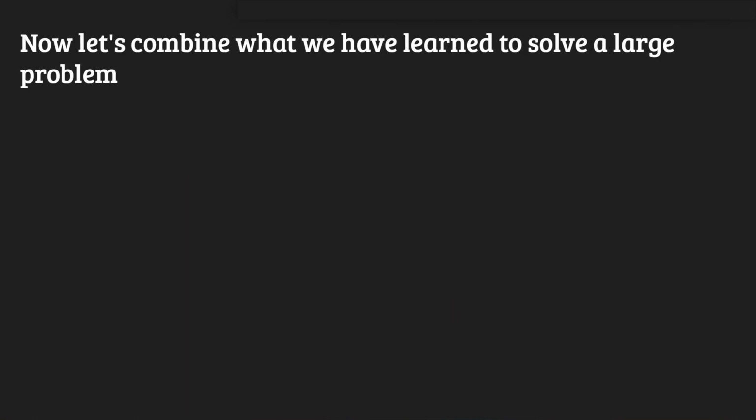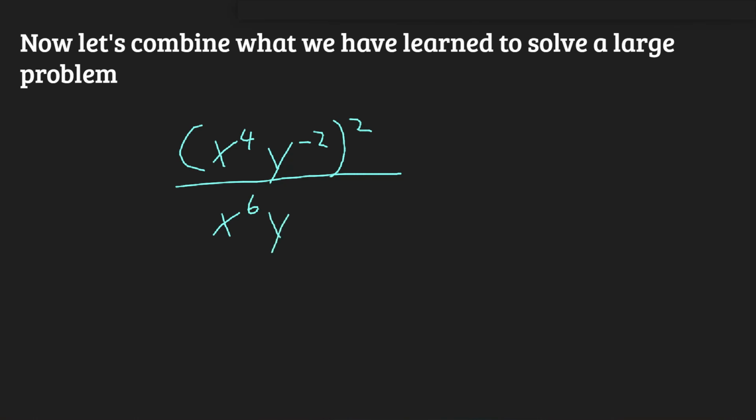The last thing that we're going to do here is we're going to combine what we have learned to solve a large problem. So the problem that we're going to solve is x to the 4 times y to the negative 2, and then all of that to the power of 2, divided by x to the power of 6 times y to the power of negative 3.